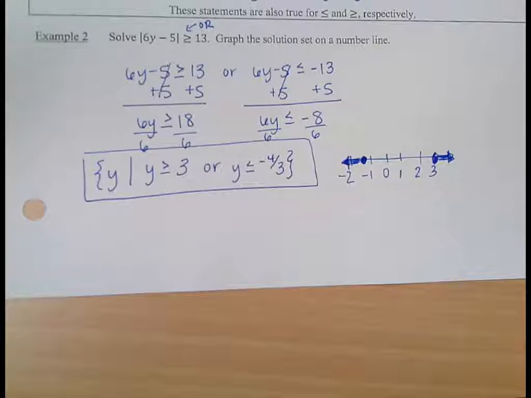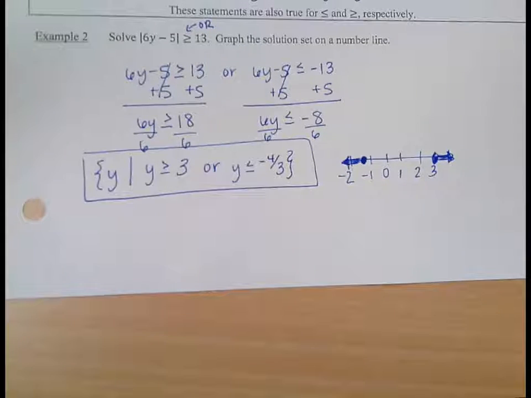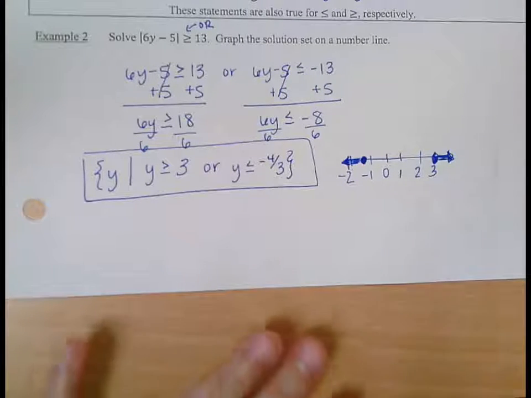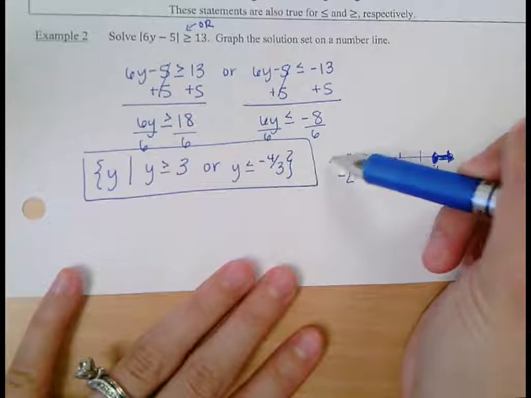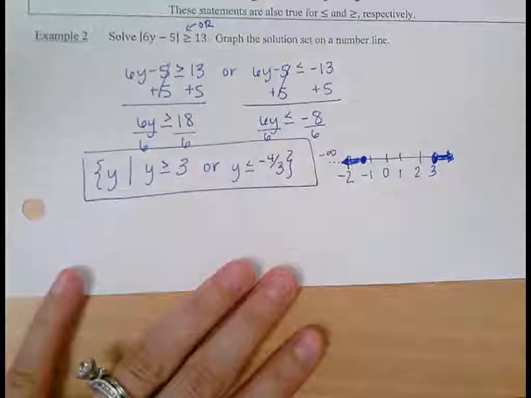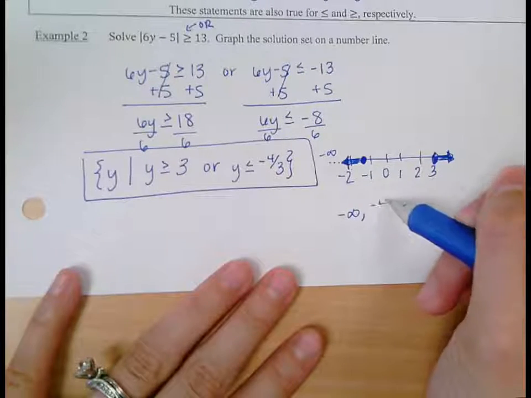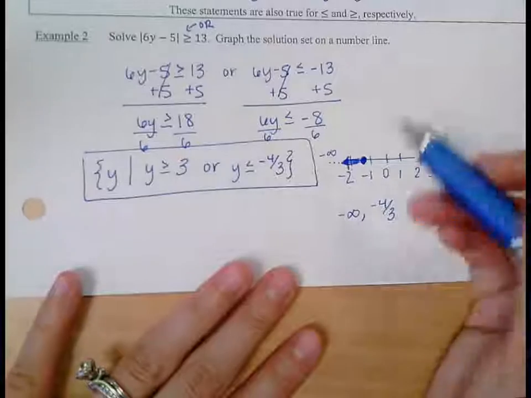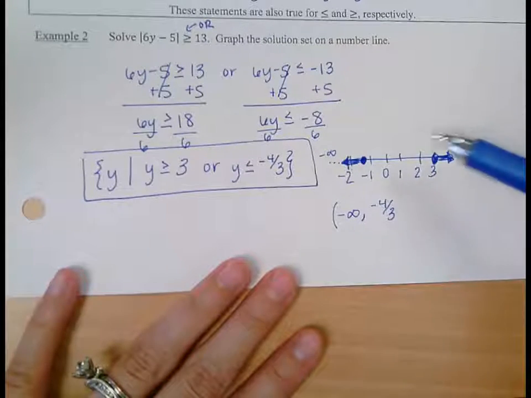And then I'm going to review the interval notation with you as well. So here we have 2 parts to our solution set. So we are going to have 2 intervals joined by the union symbol. So this first part of the number line is being shaded all the way down towards negative infinity. So that interval is negative infinity up to negative 4/3. Negative infinity always has a parenthesis.